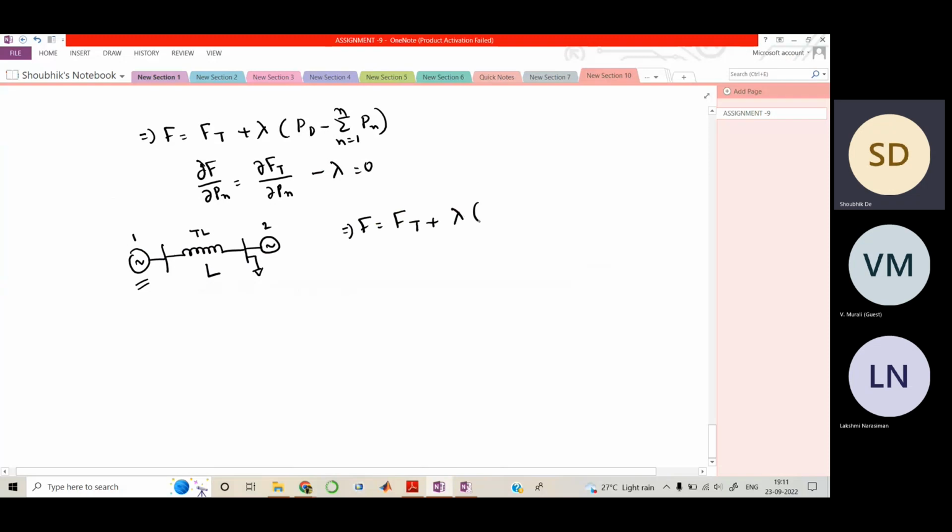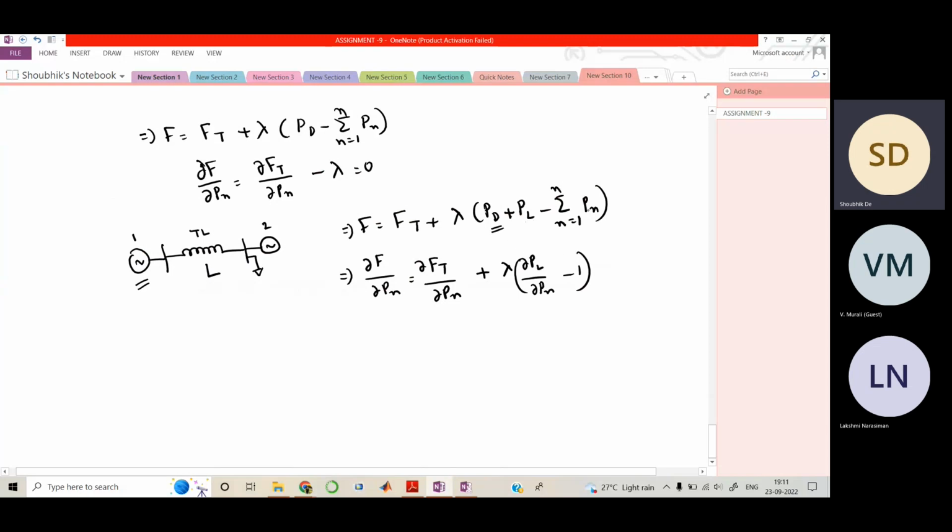So as a result, this equation would look something like this, right? Lambda times PD plus PL, where PL is the system loss, minus this thing. Now when you differentiate this, it would be something like this, because your demand is constant.